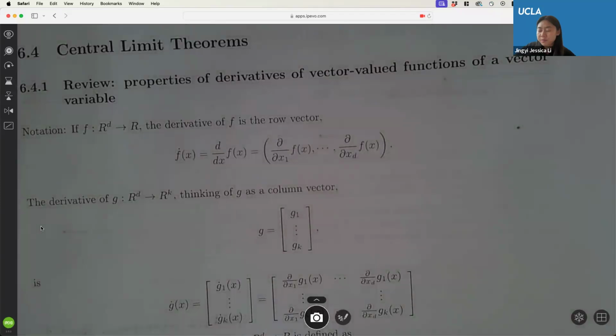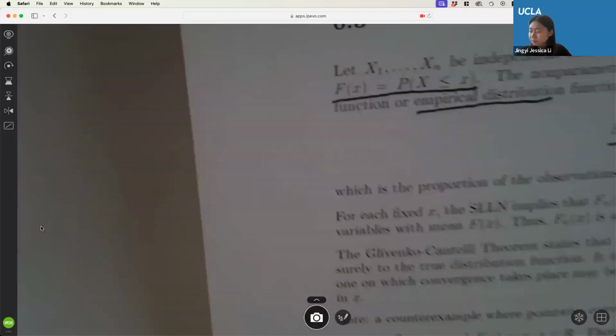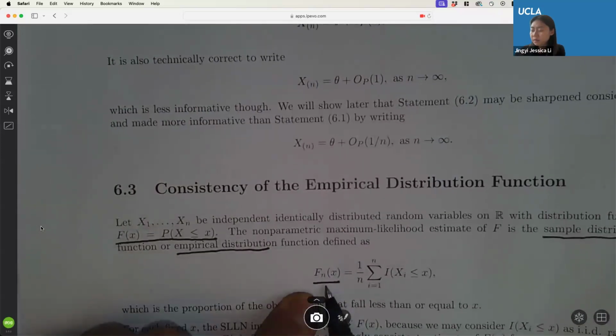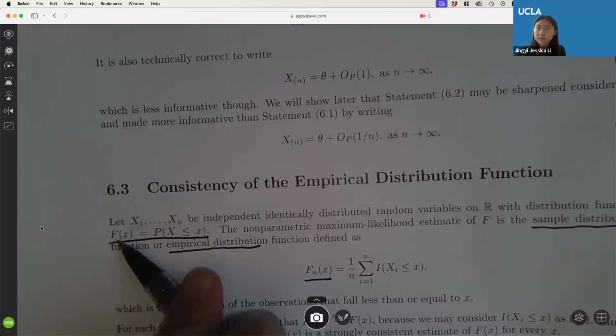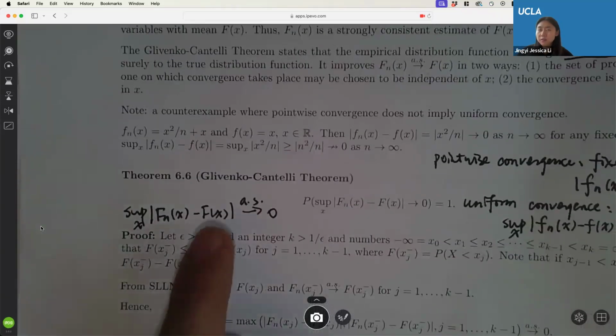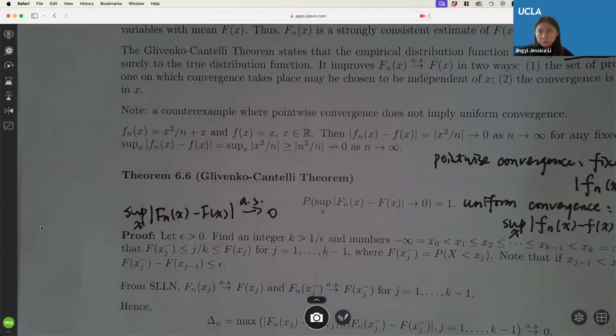The strong law is almost sure, and the weak law is convergence in probability. We also have convergence in quadratic mean for the law of large numbers. And finally, we talked about the Glivenko-Cantelli theorem, regarding the empirical CDF function converging to the true CDF function. For the pointwise convergence, we just need the strong law of large numbers. But for Glivenko-Cantelli, we talk about uniform convergence almost surely.